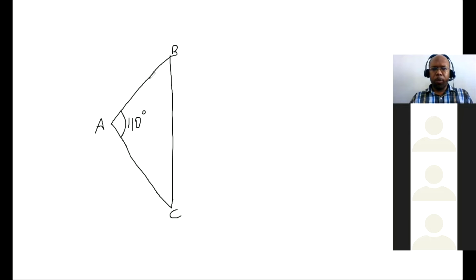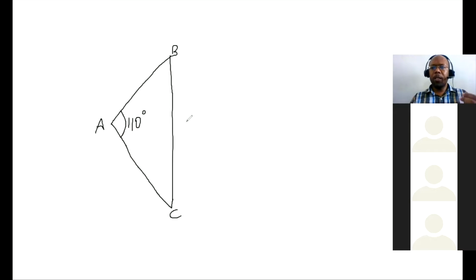Okay, so when we want to read and understand a triangle, it doesn't matter what kind of angle it has, but this is how it works. Guys, please pay very close attention. You see this side BC?